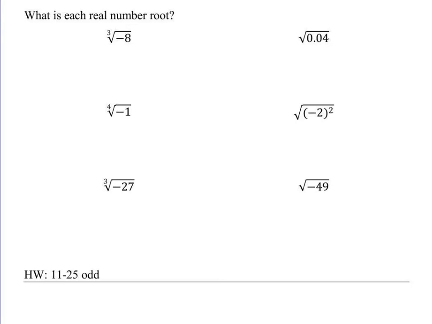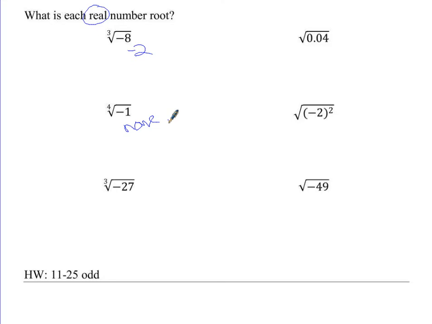All right. What is each real number root? We have the cube root of -8. What do we get? It's -2. Because -2 times itself 3 times gives me -8. How about the fourth root of -1? Yeah, we're looking for real roots here. There actually are 4 roots, but all of them are imaginary. So none here. The answer would just be none.